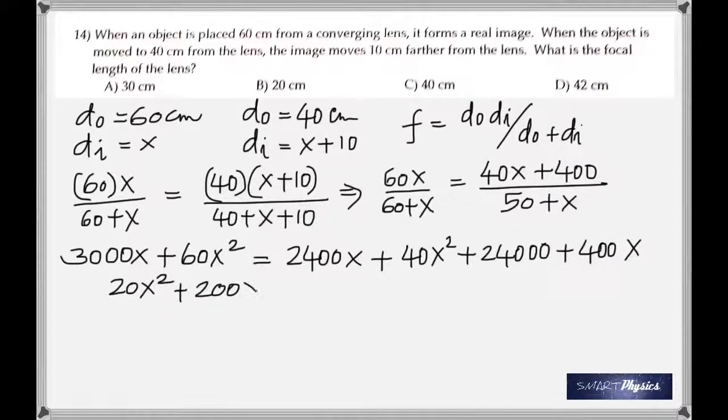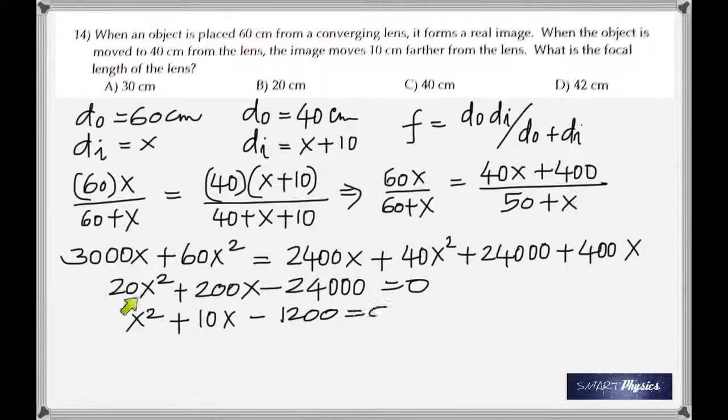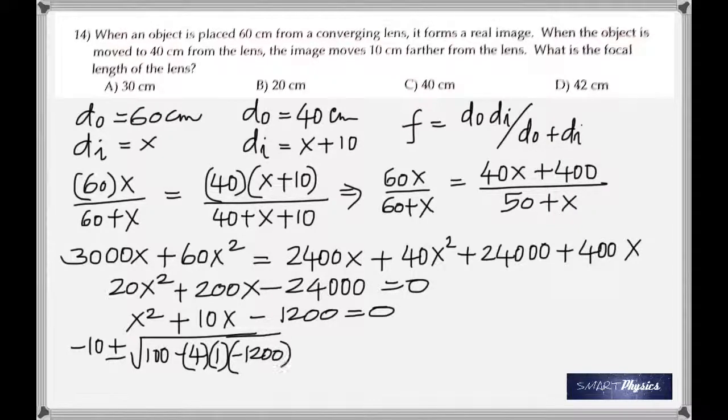Rearrange, bring all the terms to one side. You have 60 and 40, so that makes it 20. And then you have x is 2800 and 3000, so that's 200. And once you get the quadratic equation, solve it using minus b plus or minus square root b squared minus 4ac by 2a.